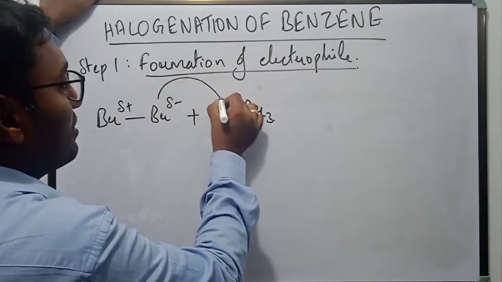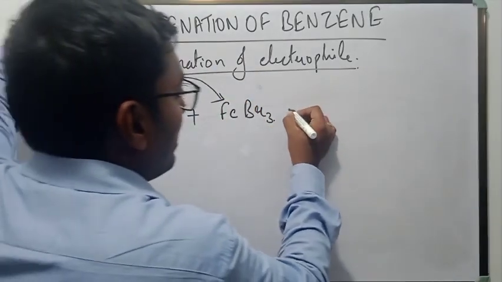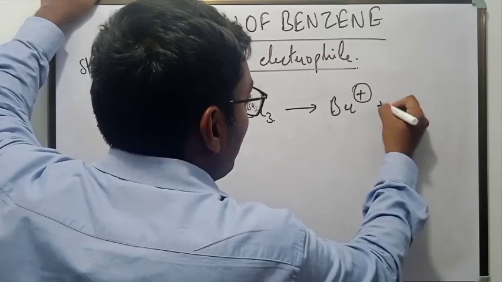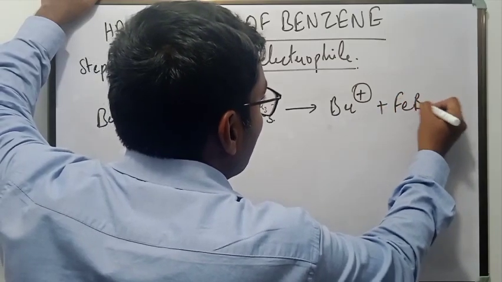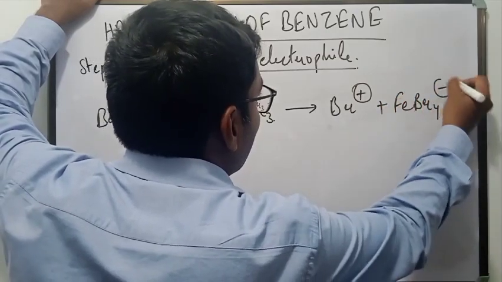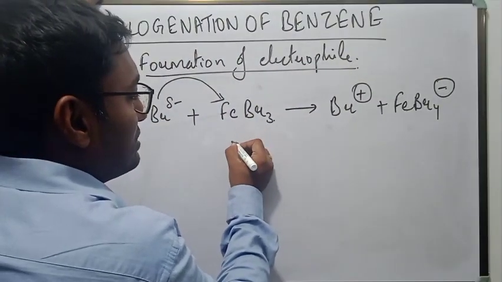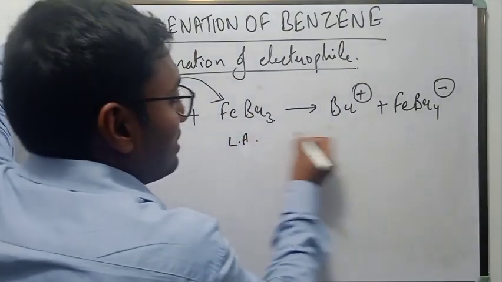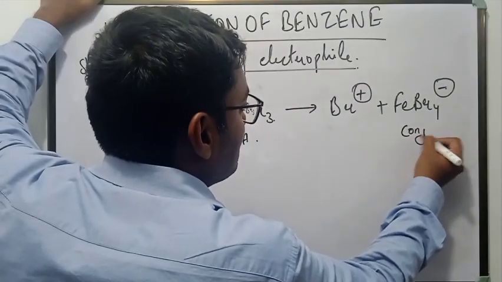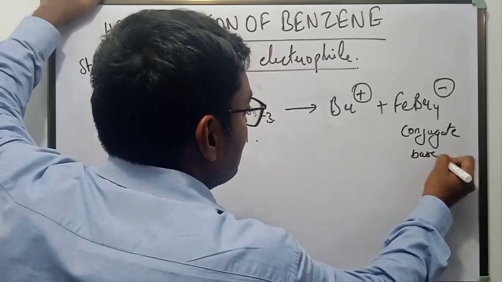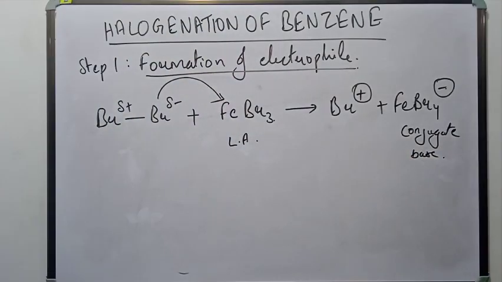So this Br goes here, and the result is Br positive and FeBr4 negative. Please note that here it is a Lewis acid, while here it's the conjugate base of this acid. So this is the first step, formation of electrophile.